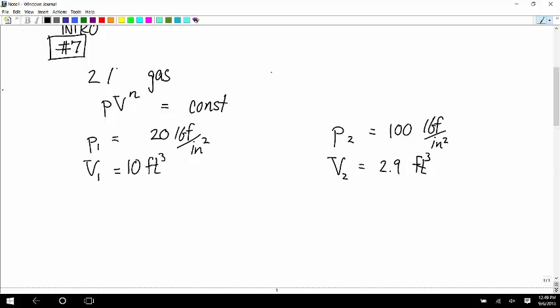If you say that you have 2 pounds mass, I don't like that way of doing it. But since this is talking about pound force, we're making a distinction between the pounds as a mass of gas and the pounds as the pressure in terms of pound force.